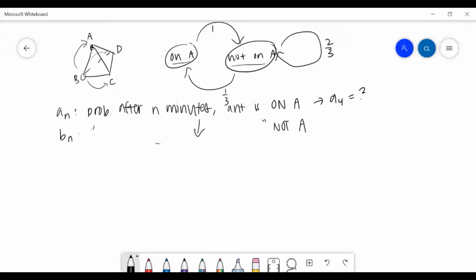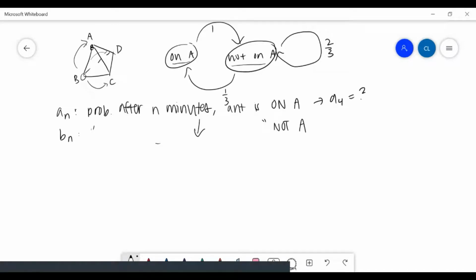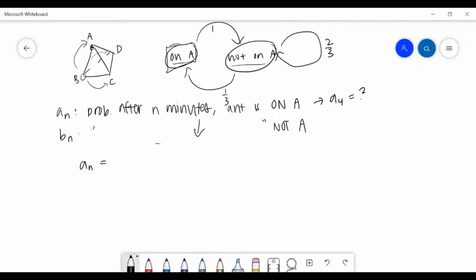We're going to start using this. Basically, A_n, you can get to A by being not on A in the previous minute, if that makes sense. So if you're not on A in the previous minute, you go to A with probability 1/3.